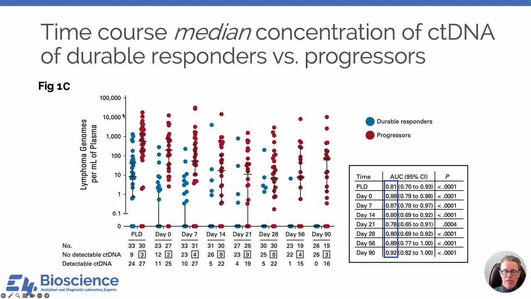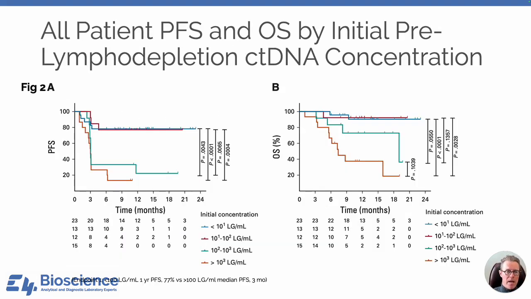Did they progress and did they survive? What we see here is really patients being separated into a couple different buckets. For progression-free survival, you can see the blue and the red are also the patients that had the lowest number of genomes, somewhere between 100 or less than 100 lymphoma genomes per milliliter.